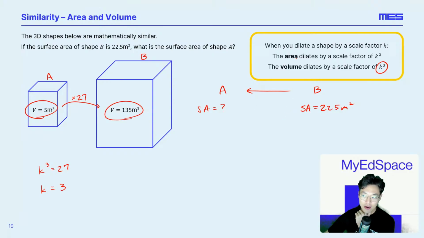Surface areas are dilated by a scale factor of k squared. So we know that this is going to be 3 squared. But are we going to be dividing or multiplying here, going from the surface area of shape B back to the surface area of shape A? Are we going to be multiplying or dividing here?